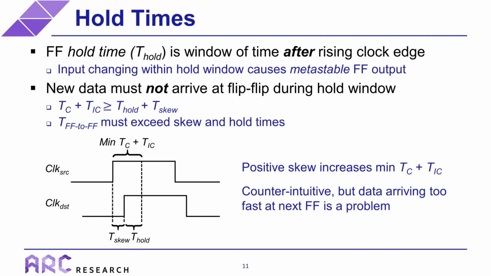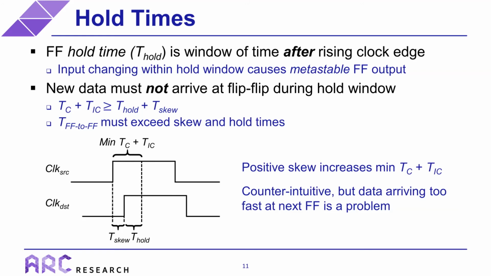This basically means that new data must not arrive at the flip-flop during this hold window. So mathematically, this means that the sum of the cell and interconnect delays must exceed both the clock skew and the hold time as shown in the figure at the bottom. Or in other words, the total delay between flip-flops must exceed the skew and hold times.